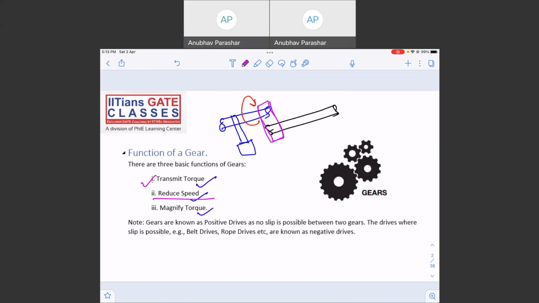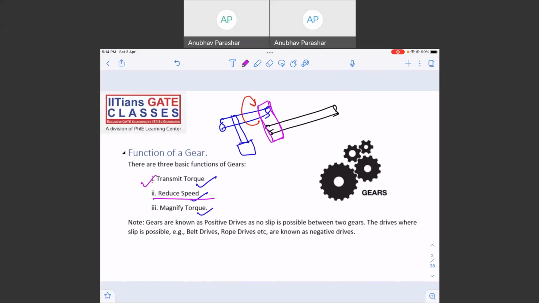The original speed of these machines is very high, which is practically not feasible to use. So we have a gearbox in place. What does the gearbox do? It reduces the speed to the extent that is required, right?